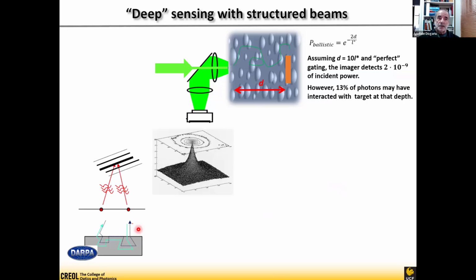So what we do, we take advantage of this coherent phenomenon, right? This is enhanced backscattering. I don't think I need to explain the coherent interference between counter-propagating waves and so on and so forth.